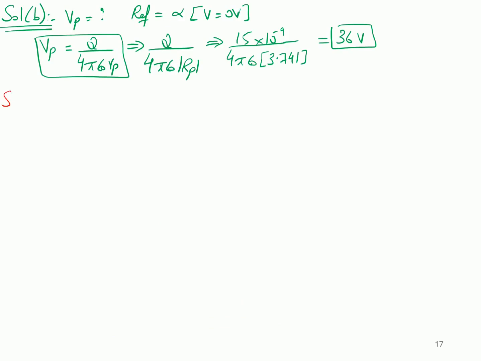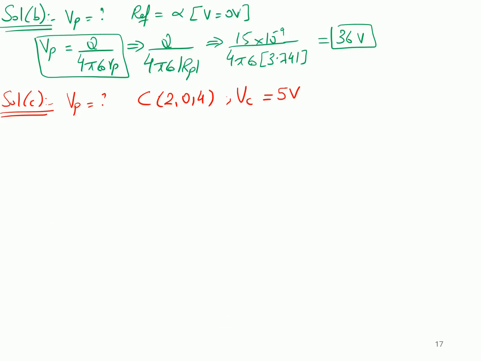So the third part is, again we need to find the potential at P, but this time let's say that the location at C is 204 with 5 volts.